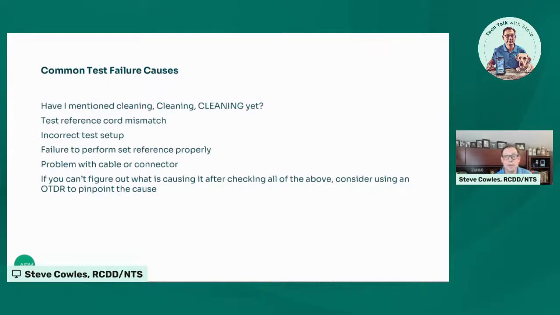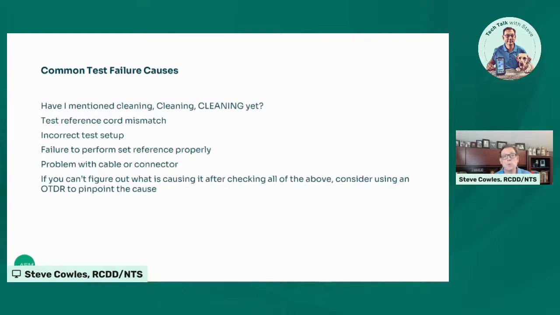The flip side of that is if you don't inspect and clean, what can happen is you'll connect to a fiber, your first one passes. You go to your second port and you connect and you get a failure, something's going on here. Well, what you don't realize is you picked up some dirt, and if you don't clean that, you transfer it to the next one you go to test, because every time you connect an end face of a connector to another end face of a connector, you're transferring that dirt from one end face to another.